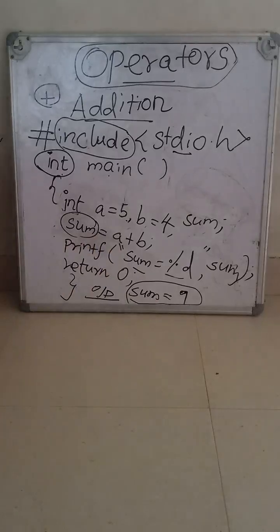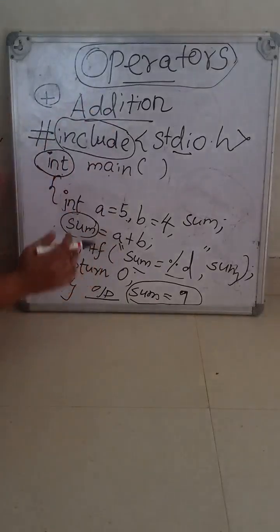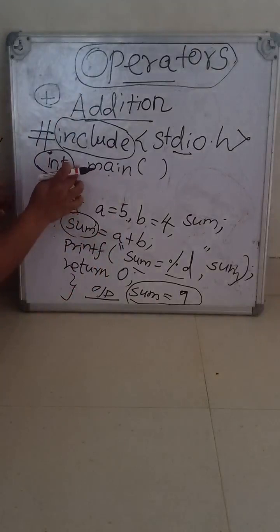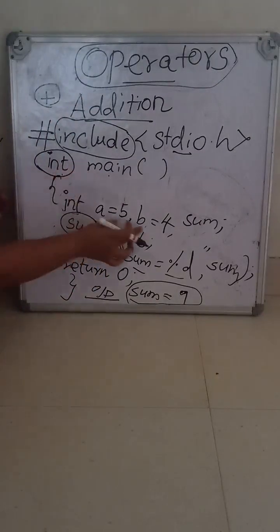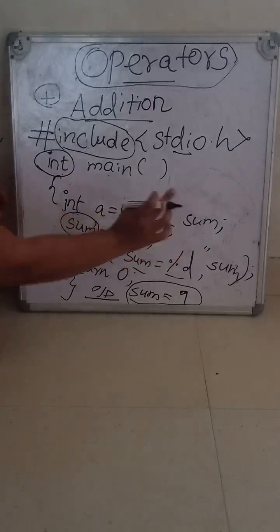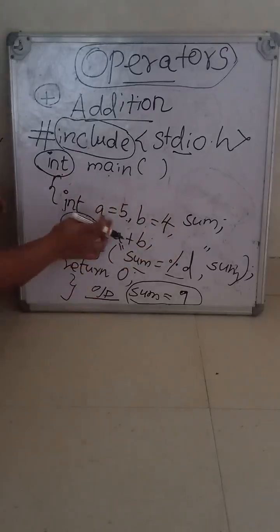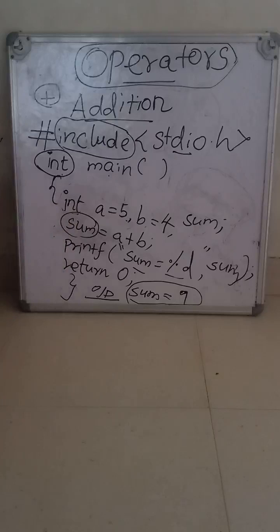Okay. So once we have written the program, our execution starts with the main function. So here I have assigned the two values A and B, and sum is for my output. So you have to declare all the input variables and also the output variables.